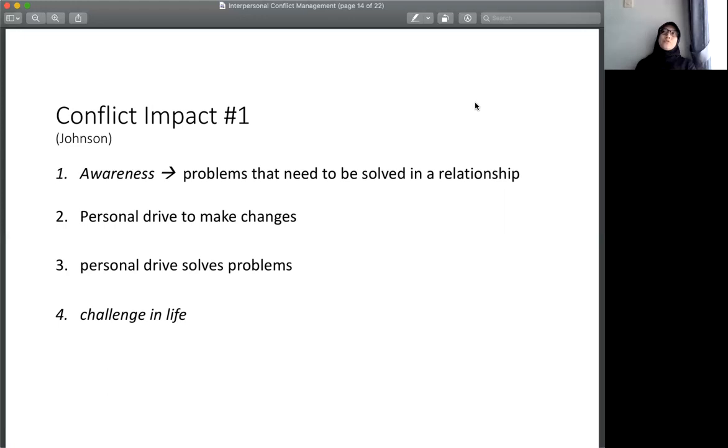So we need to push our fighting side to get out of this toxic relationship. Then we will be free. But on the other hand, we will not be having a couple anymore. We're alone. So this is quite a realistic example for the third conflict impact, the personal drive to solve problems. And conflict also becomes a challenge in life.